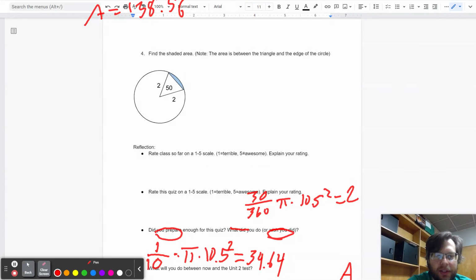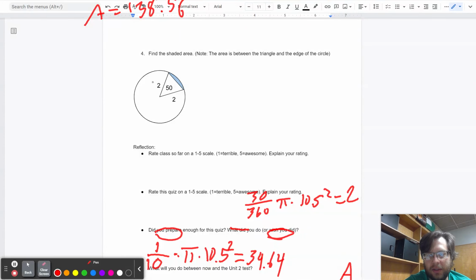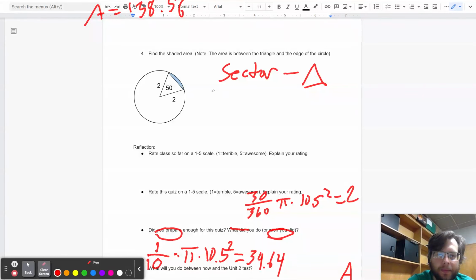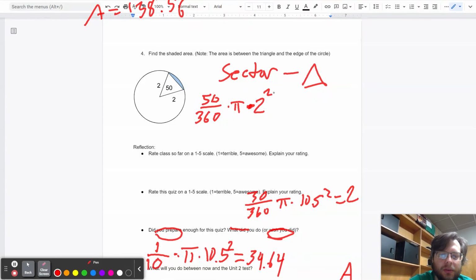And what I hope you noticed on this one is that the shaded area is in between a triangle and the edge of the circle. And so what you want to do is do the sector minus the triangle. So the sector is 50 degrees divided by 360 times pi times r squared.